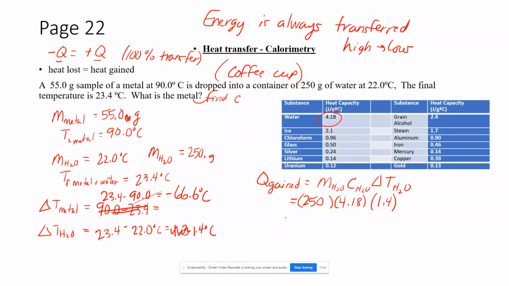Remember, the reason we don't see the same temperature change is because of that specific heat property. So 250 times 4.18 times 1.4, the water gained 1,463 joules.